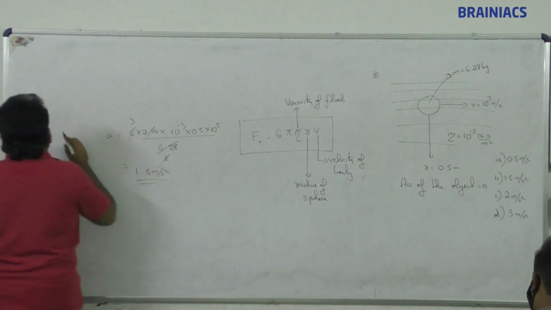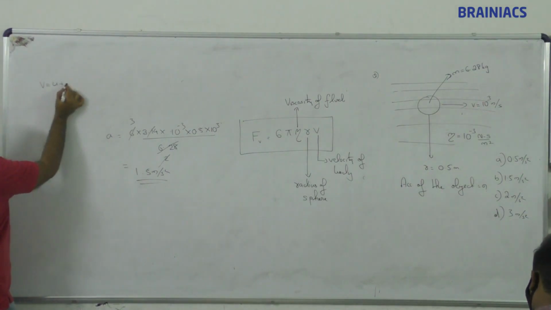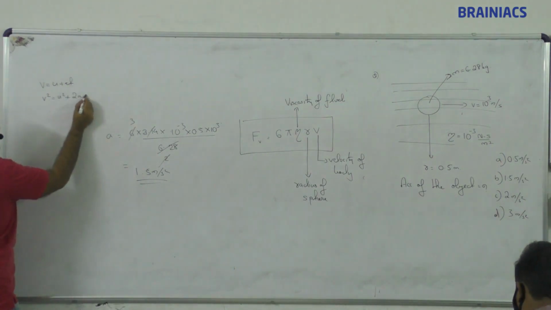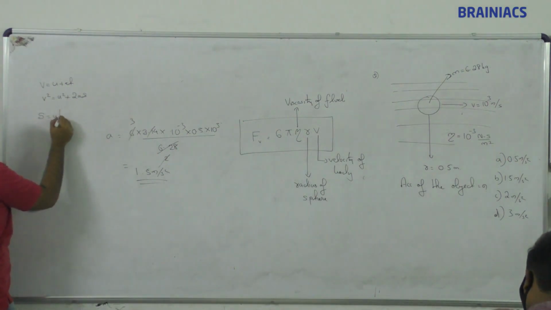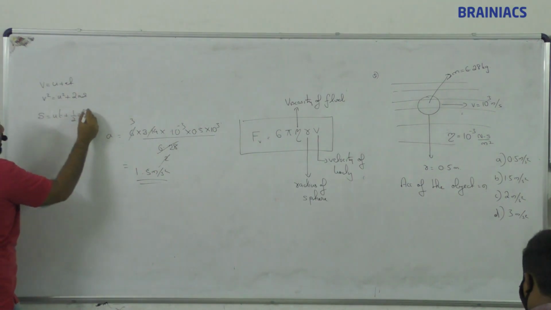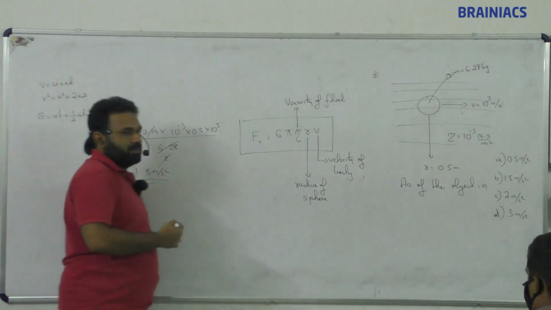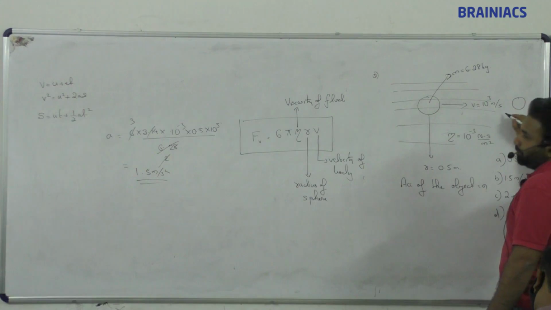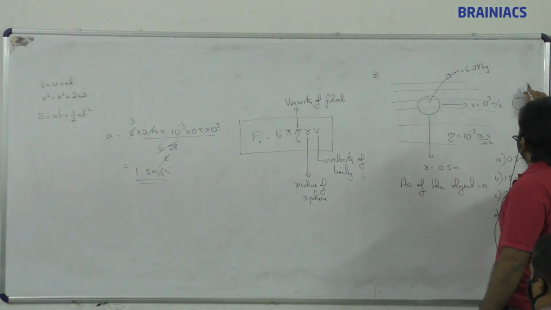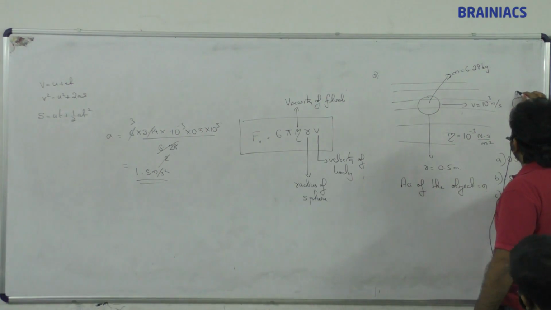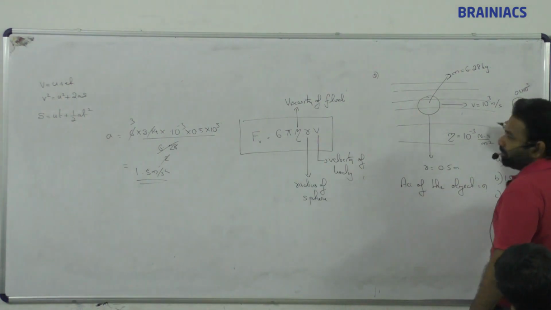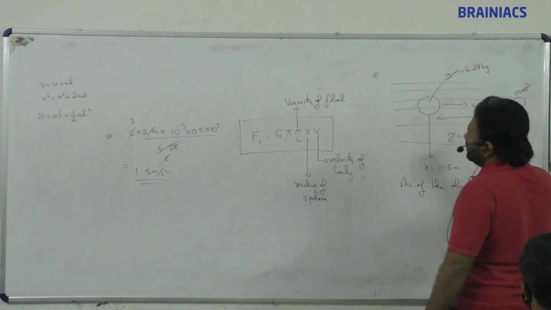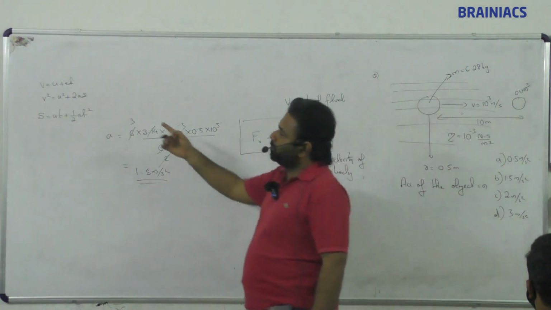What I am asking is, can I use v is equal to u plus at, or v square is equal to u square plus 2as, or s is equal to ut plus half at square? Say for example, if the body reaches here, the velocity will become 0.5 into 10 raised to 3, and if I give this distance as 10 meter, is it possible to find it using this?